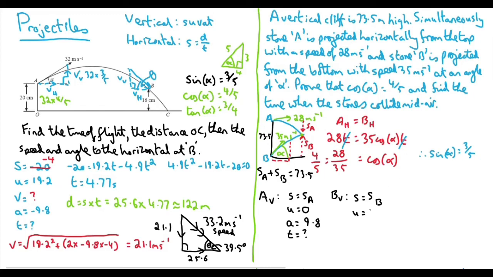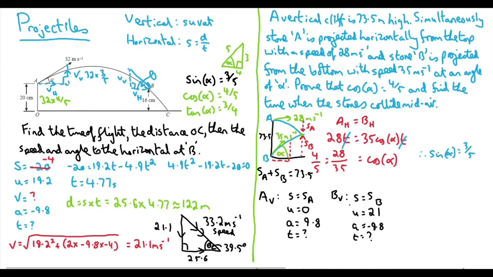So 35 times 3/5 is going to be 21. We don't know what V is, we don't know what speed it has at that moment, but we know that A is now going to be minus 9.8, because for B, as it's ascending, I'll take upwards as positive. And again, we don't know what T is going to be. But we do know that it's going to be the same T for both of them, because they're in the same spot at that same time.